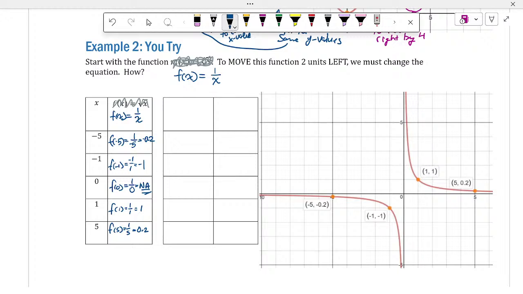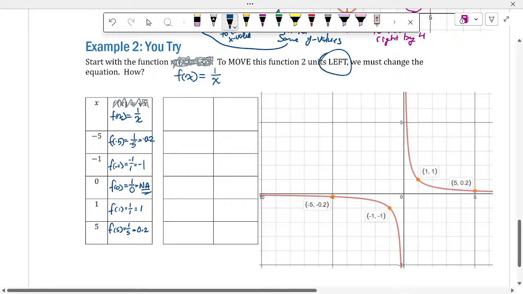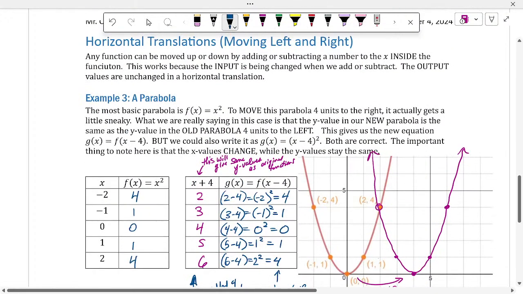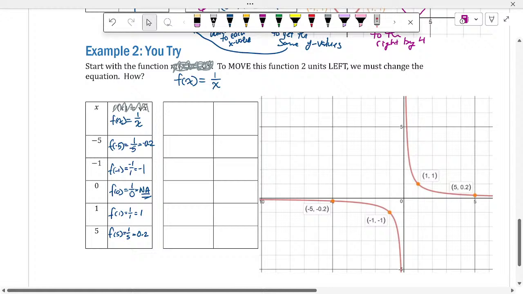Now, if we want to move this equation to the left by 2 units, what do we have to do? Well, up here, we wanted to move it to the right by 4, right? So up here, we want to move it to the left by 2. So we're going to take that original x value, and we're going to do what with it?